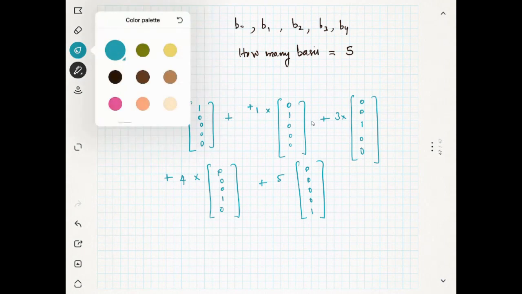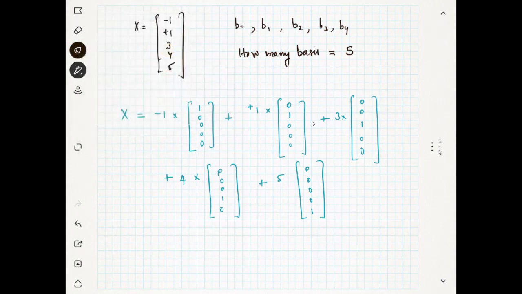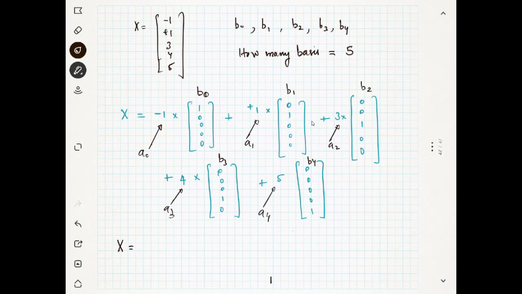Now you can see this is my first basis B0, this is my second basis B1, this is my third basis B2, this is my B3, and this is my B4. So I can decompose my original signal with some coefficients. Let's say A0, A1, A2, A3, and to generalize the concept, A4.